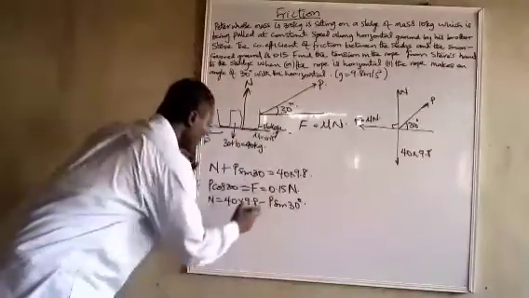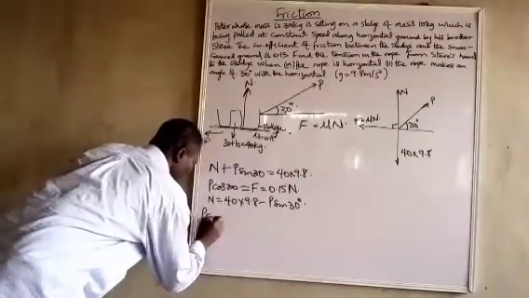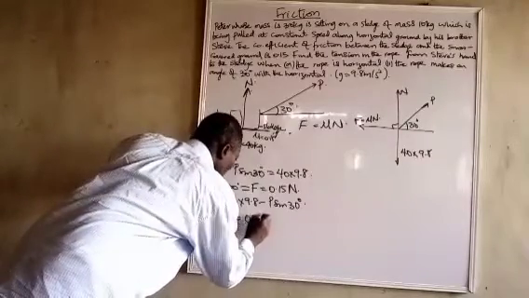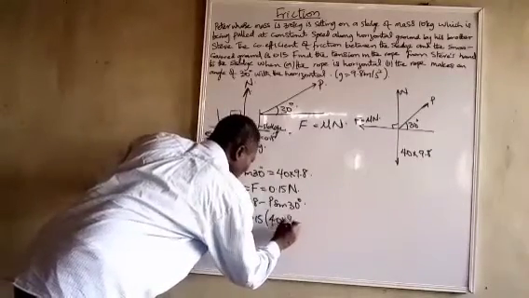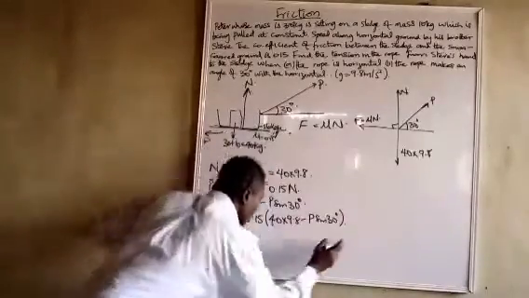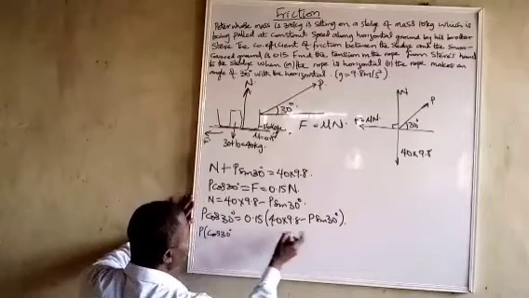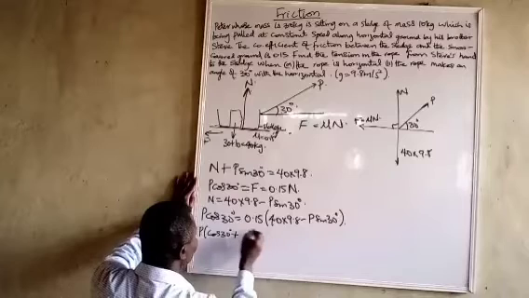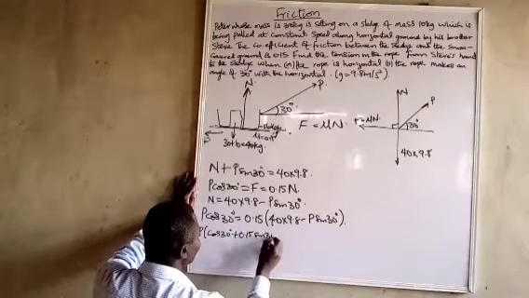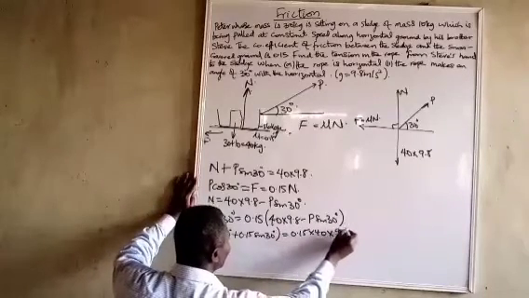Then let's substitute this for N in the second equation. So P cos 30 degrees is equal to 0.15 times (40 times 9.8 minus P sine 30 degrees). Now let's bring this to the side. P into (cos 30 degrees plus 0.15 sine 30 degrees) is equal to 0.15 times 40 times 9.8.